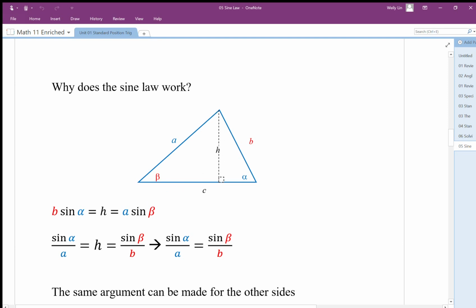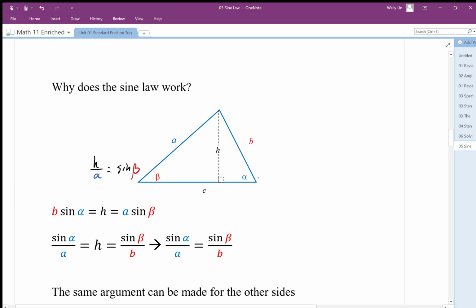Or if we write it in the sine form, we can say that h over side A is equal to sine of beta. Okay, we know that height over A is sine of this angle here.